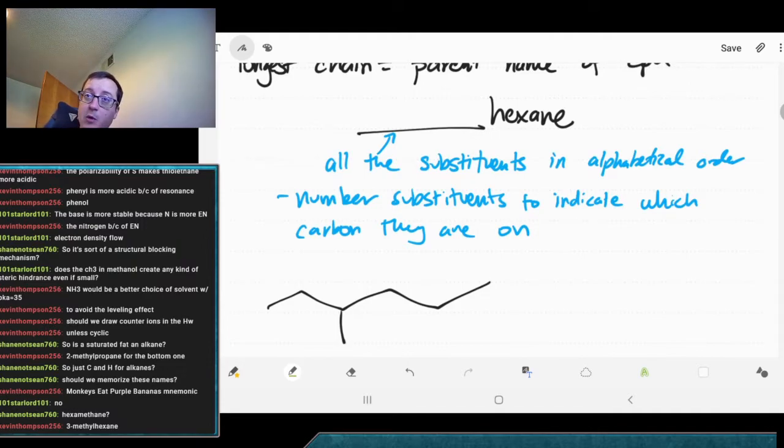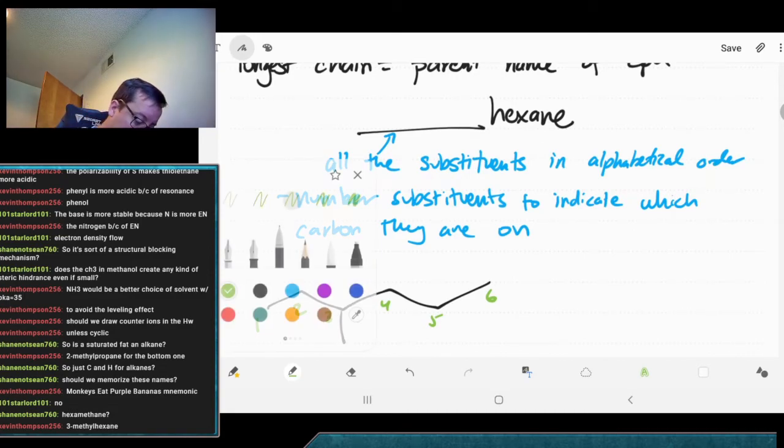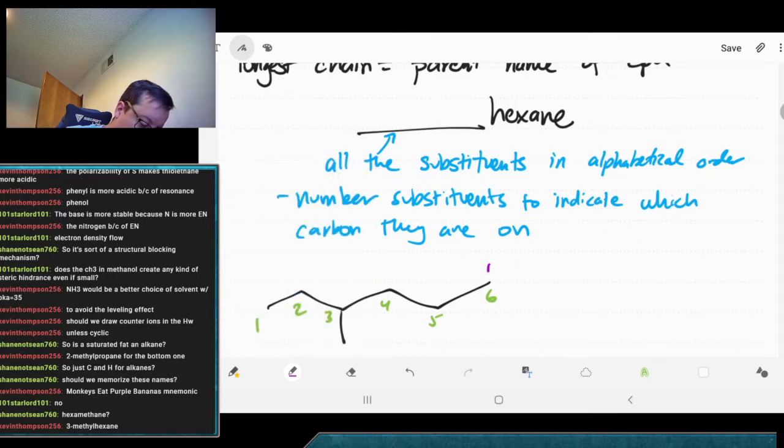We have a couple ways of numbering this. We can say this is carbon 1, 2, 3, 4, 5, 6, following our parent chain here. Or we could number them the other way, 1, 2, 3, 4, 5, 6.